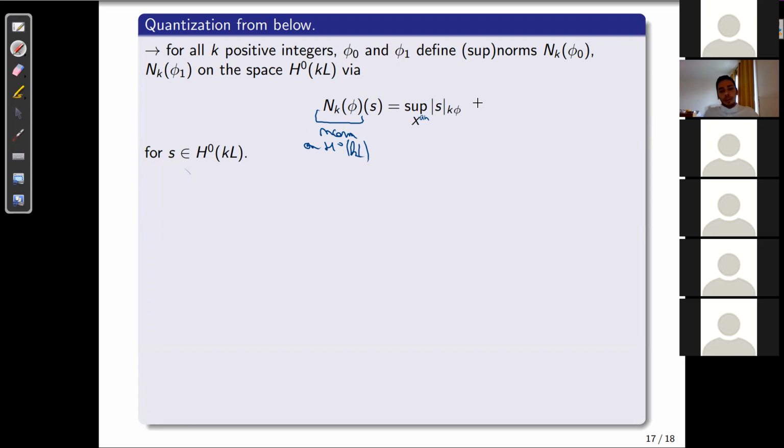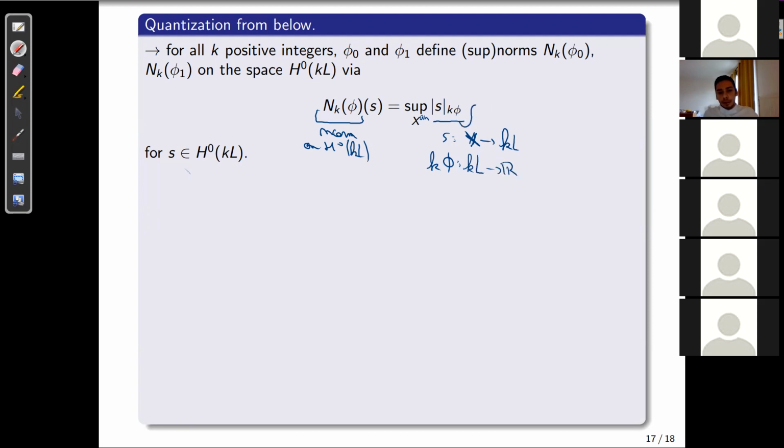Which is simply, so you have S, which is a section of KL, so it's mapped from X to KL. And you have a metric phi, which you can see more or less. So K phi is going to be a metric on KL.